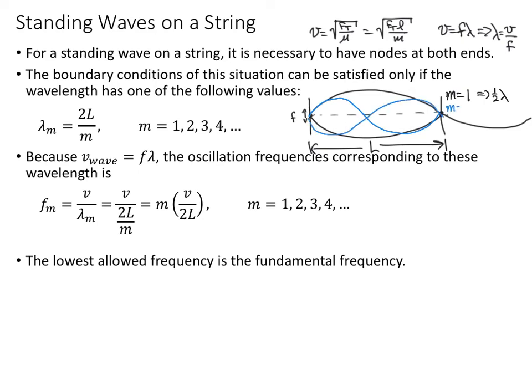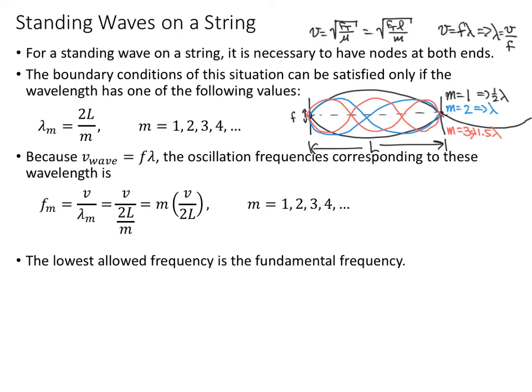M equals 3 corresponds to 3 antinodes, or 1.5 wavelengths, and so on and so forth. M equals 4 corresponds to 2 wavelengths. M equals 5 corresponds to 2.5 wavelengths, and so on.